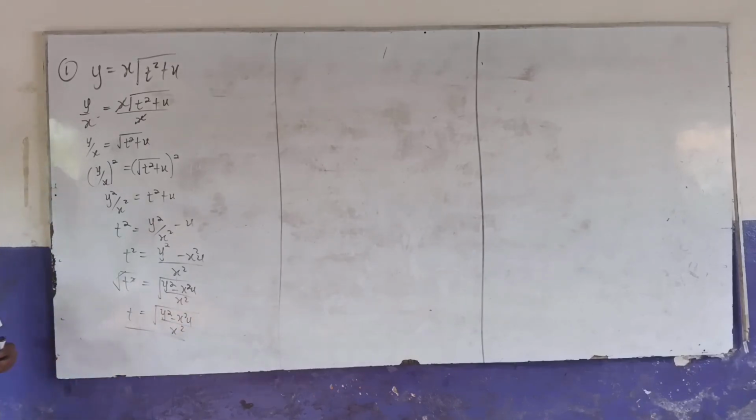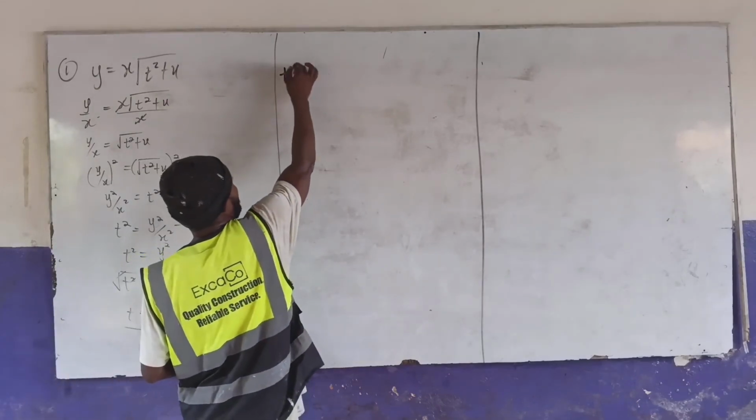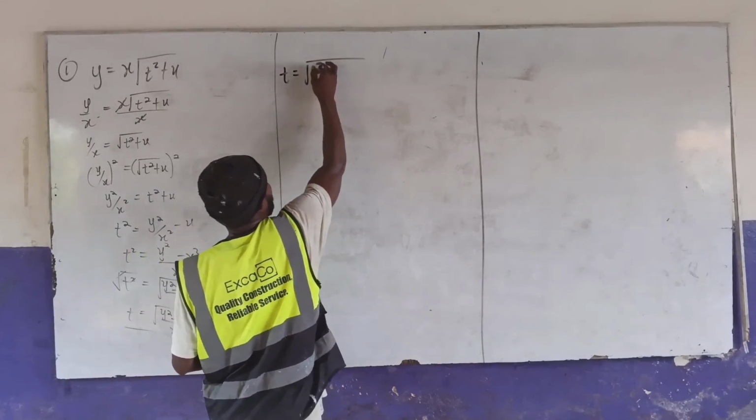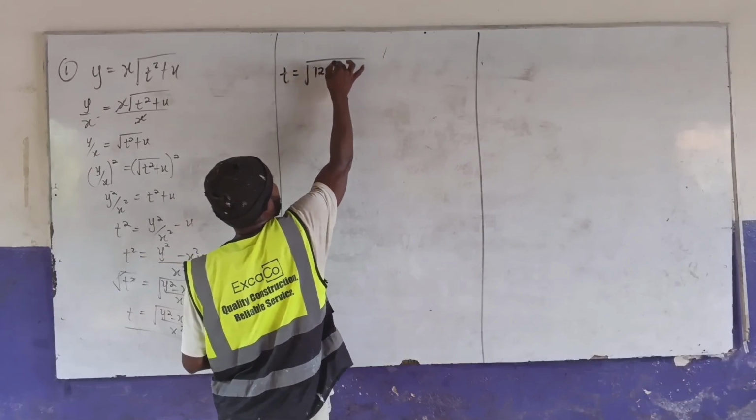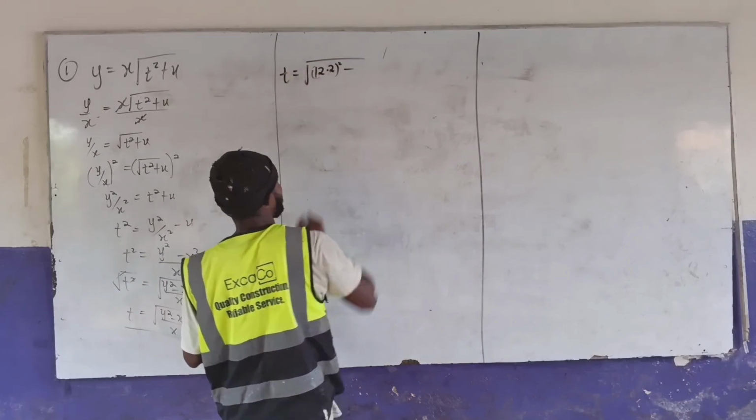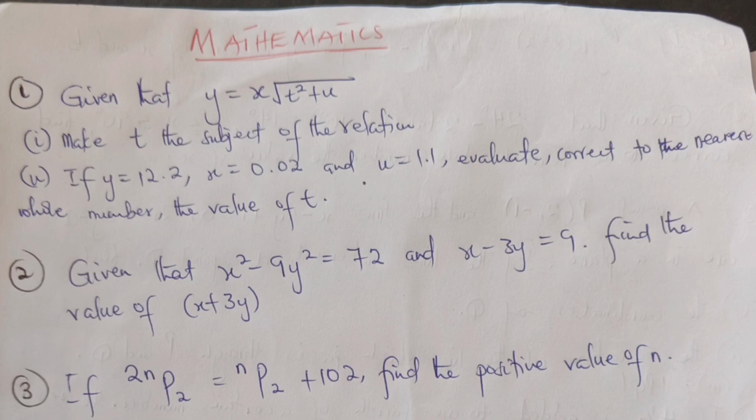So finally, we have t is equal to the square root of y squared minus x squared u all over x squared. And then we've been given the values: y was given as 12.2, x is given as 0.02.